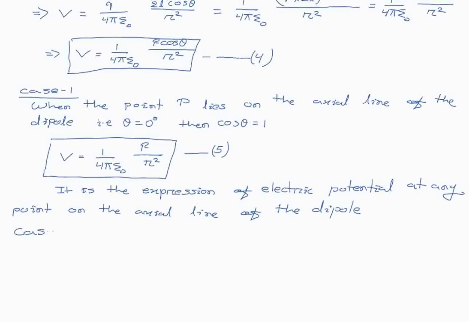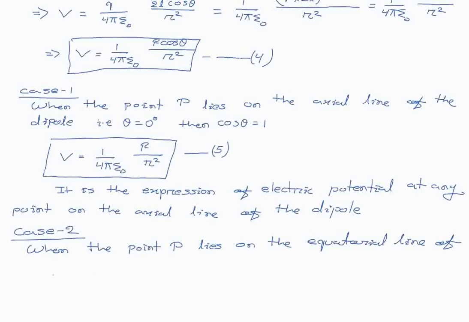Similarly, case 2, when the point P lies on the equatorial line of the dipole, that is theta is equal to 90 degree, then cos theta is equal to 0. We know that cos 90 degree is equal to 0.